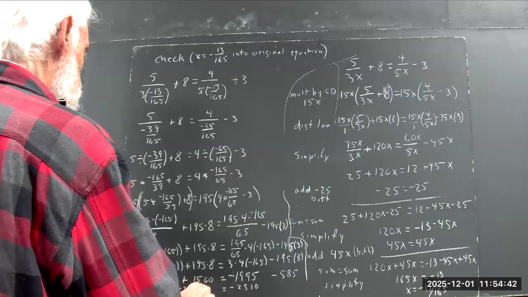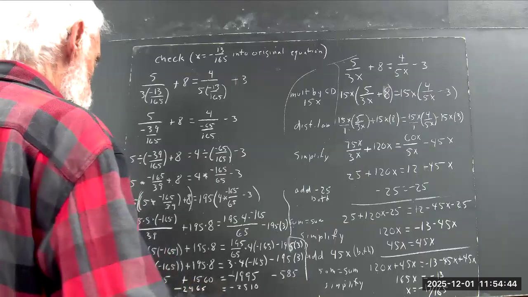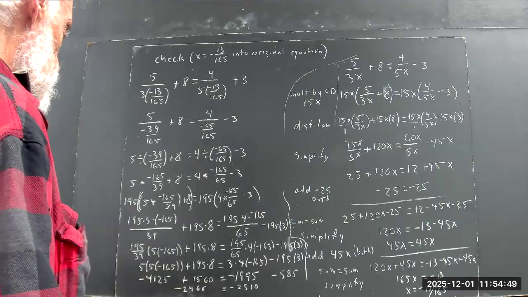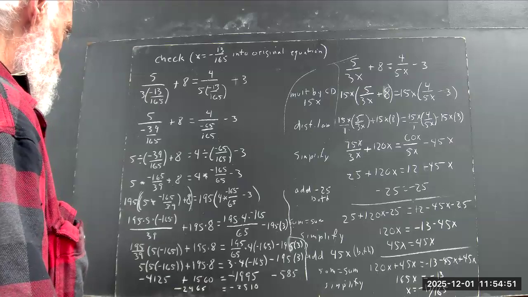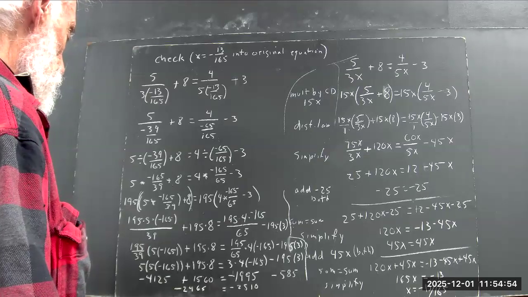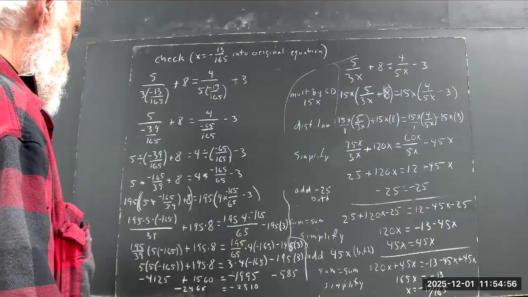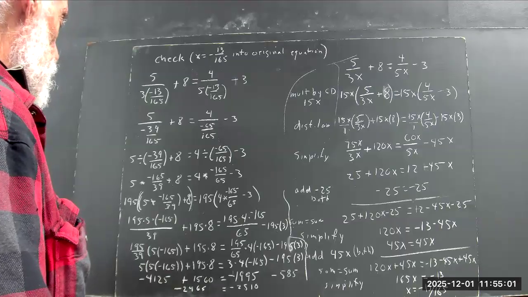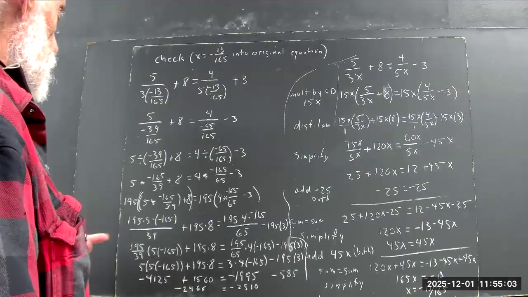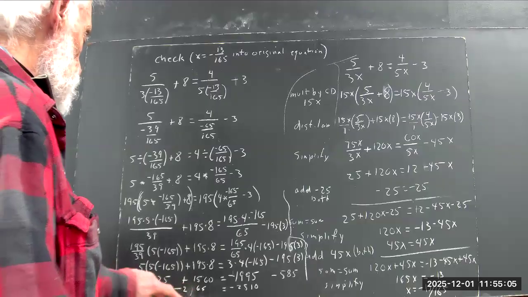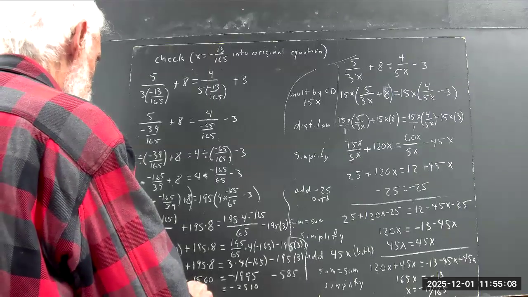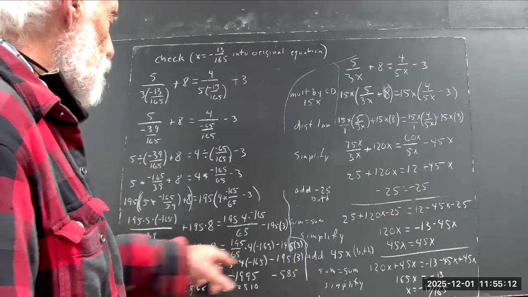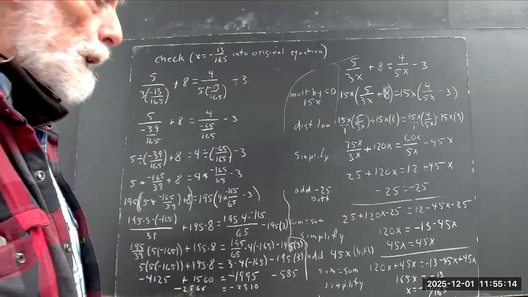Or 65. Okay, my brain is, I think that's 25, 65. And negative 2510. So I did something wrong with at least one of these multiplications.